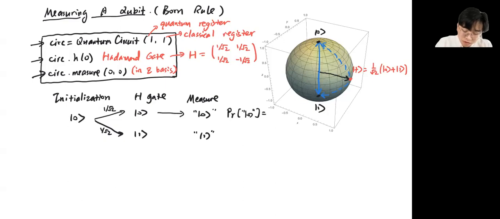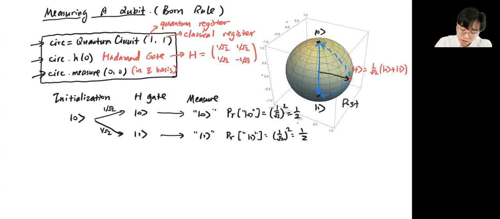and the probability of measuring 0 is the square of the coefficients on the basis 0. So 1/2. Similarly, we can derive the probability of measuring 1 to also be 1/2. One more thing that's sometimes of our interest is the post-measurement quantum state.